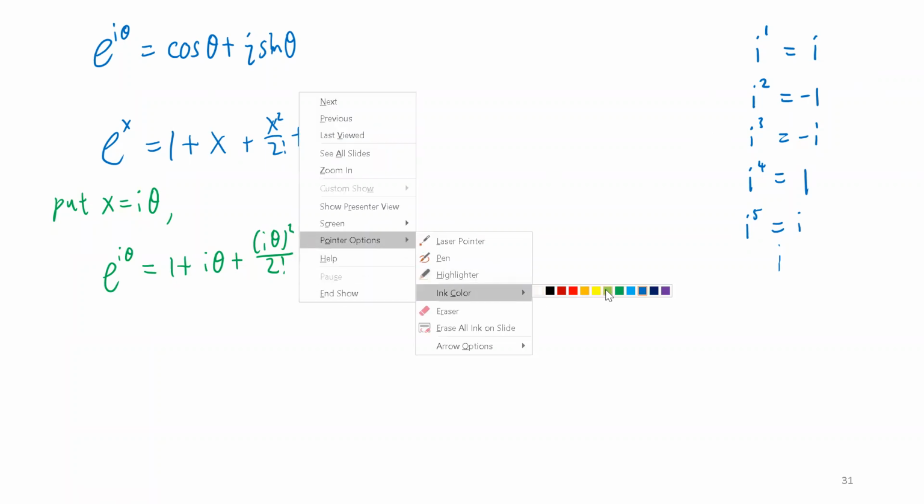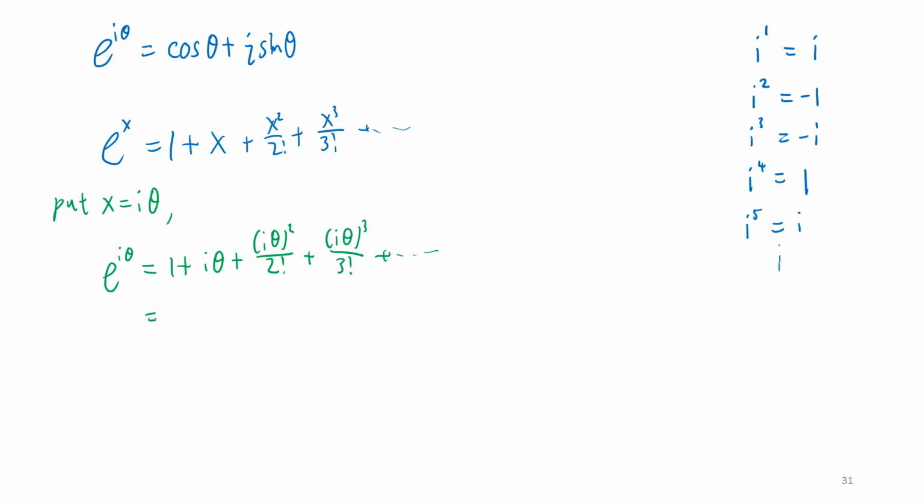Eventually, I can group the terms: the first group does not contain any i, because whenever I have an even power, I don't have an i, and the second group always comes with an i. You can try the first few terms and you realize that you can group the terms like this.